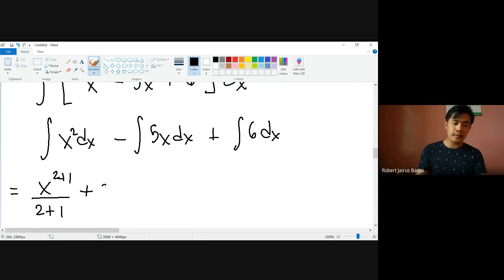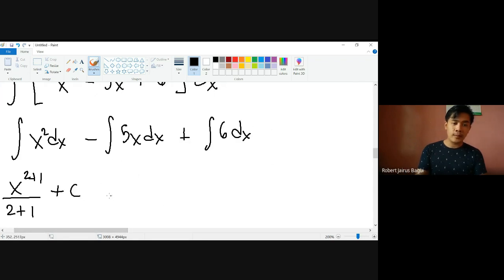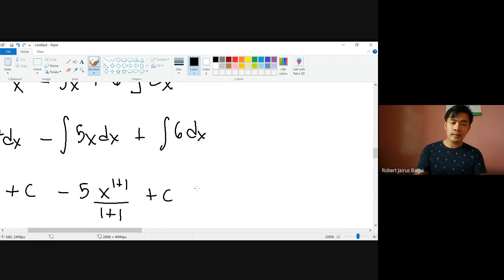So, may plus si dito. So, minus 5. Lumabas yung 5. x raised to 1 plus 1 all over 1 plus 1 plus c. So, integral ni 6 dx, that would be 6x. So, plus 6x plus c.